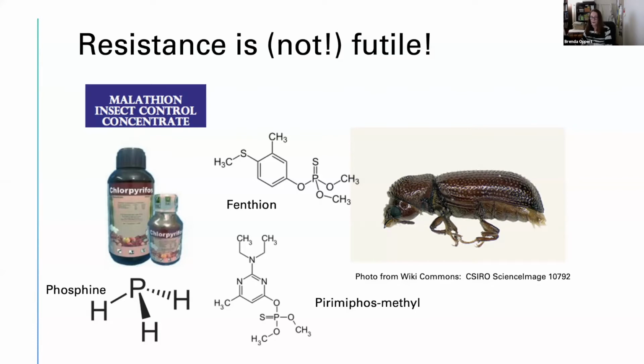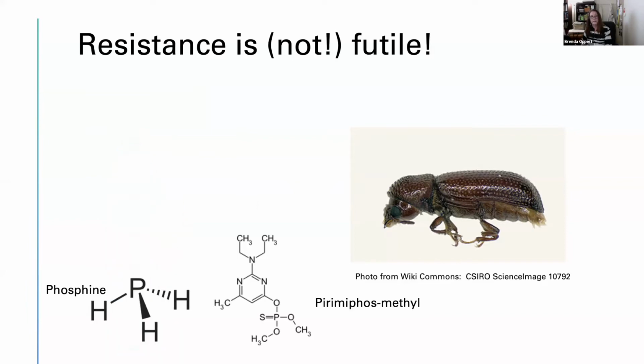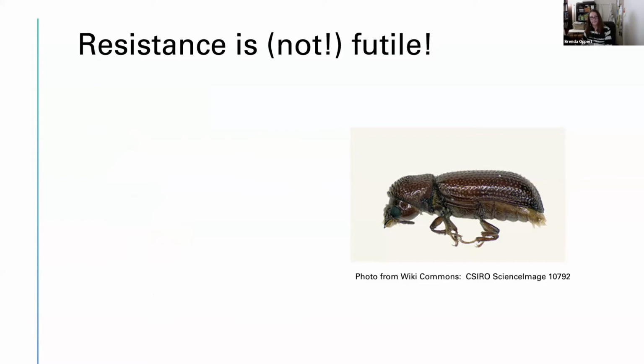This insect is notorious for developing resistance to the control products that have been effective in the past. And that's one of the reasons that we need a reference genome in order to evaluate these resistant populations. And a number of control products have been effective, but one by one, we're losing these control products to resistant insects.